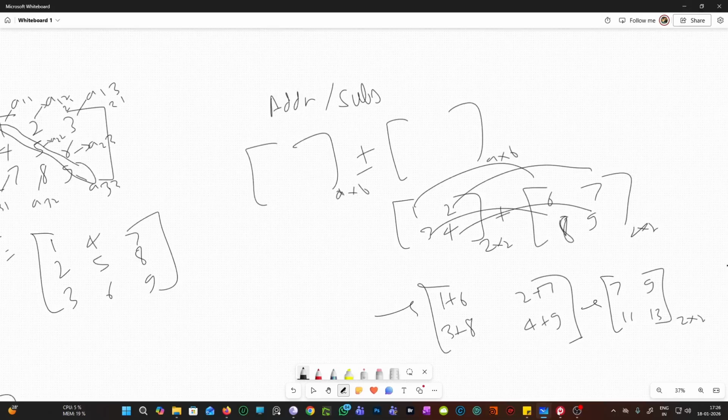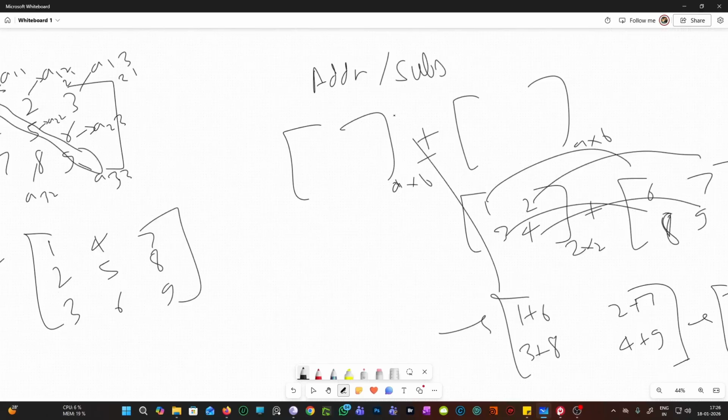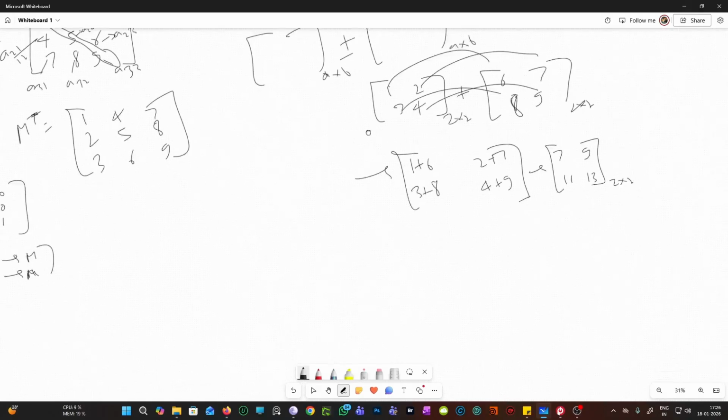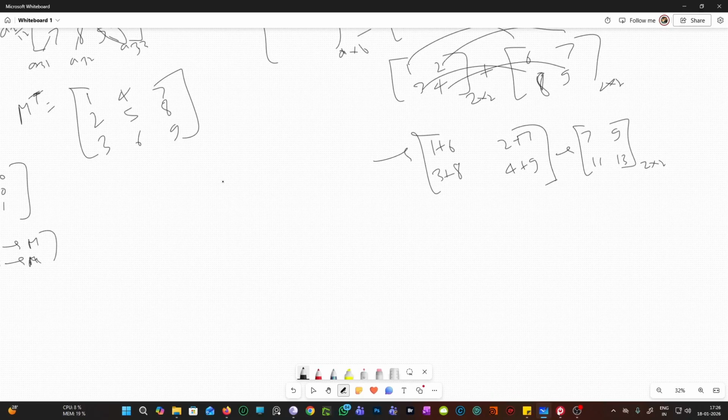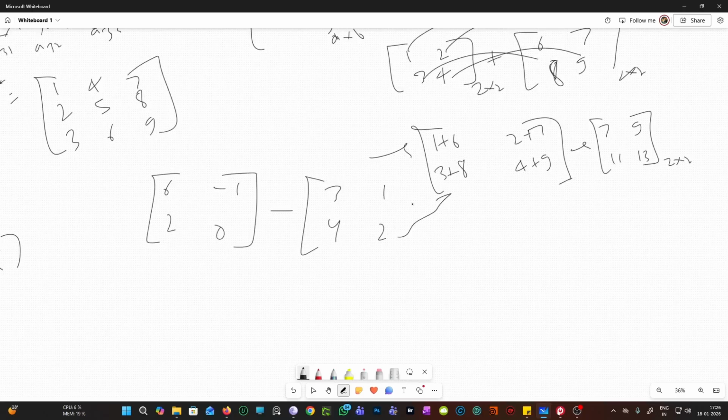And similarly for subtraction, let's create a matrix here: 6 minus 1 2 0 subtracted by 3 1 4 2. Let's subtract these two matrices, and we see the order of these two matrices is the same, so we can subtract them.